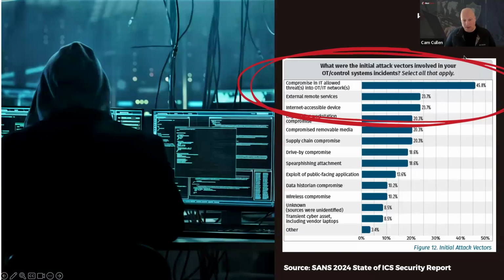The reason that segmentation is important is because, in the same report, the SANS 2024 State of ICS, they identified that the top vector for attacks into OT and control systems is someone getting into the IT network and then getting right into the OT network as a result. So that lateral movement, which is really what segmentation is designed to prevent, is the biggest problem out there.